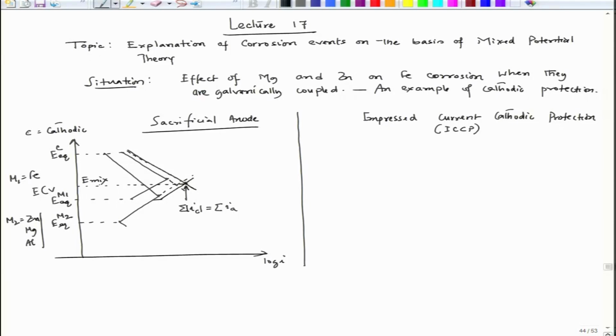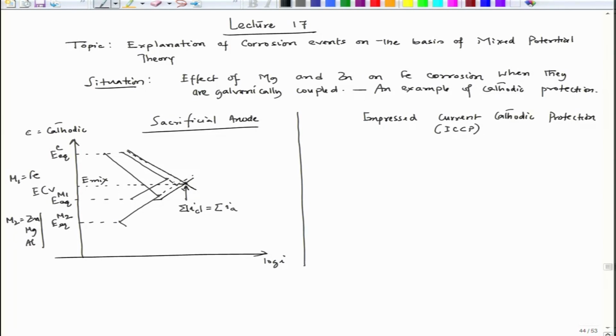And our statement was the iron would preferentially act as cathode, because the cathodic reaction would take place on the iron surface at a higher rate than the rate of cathodic reaction on zinc.